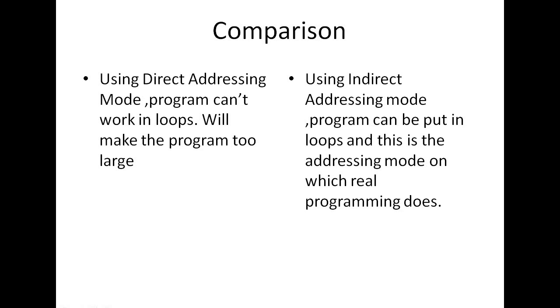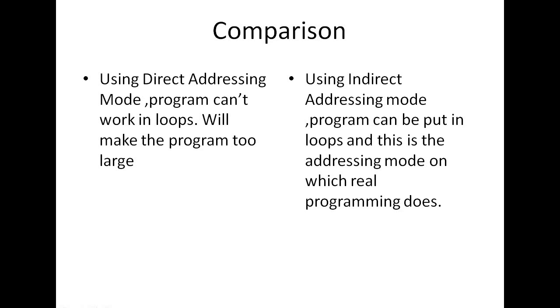In both cases A is getting the data, right? Using LDA 5000H, A was getting the data. Now using LXI B 5000H and then using LDAX B, in that case also A was getting the data.